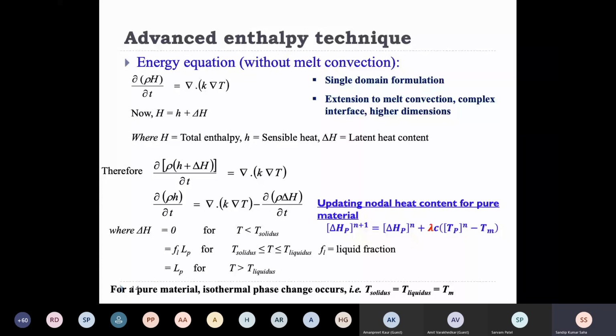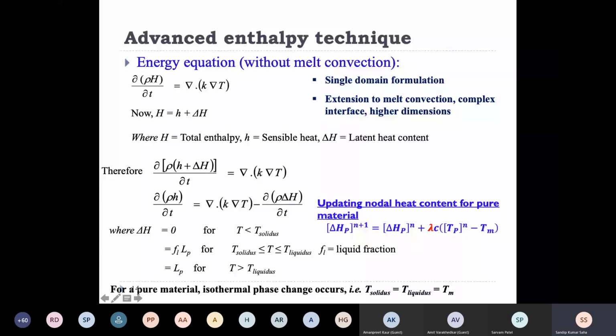Implicitly means you are using the Gauss-Seidel method or some other iterative method to solve this problem, and there we need to use some relaxation factor, just to remove the instability in the solution.